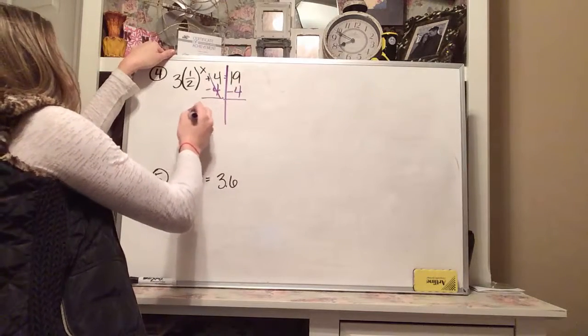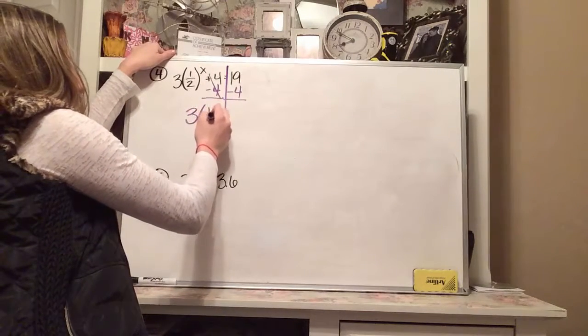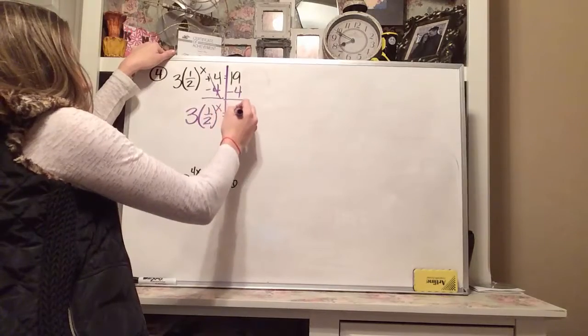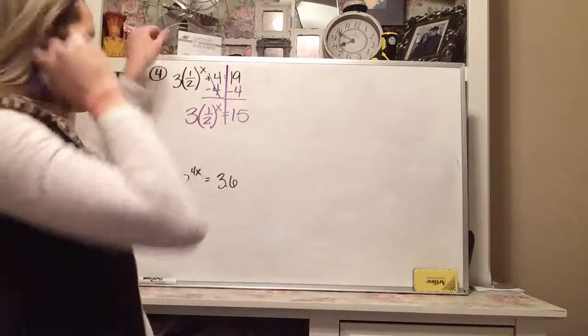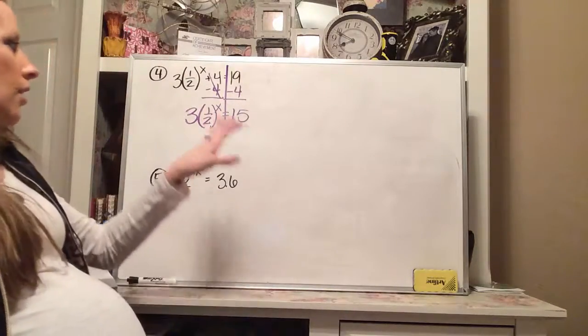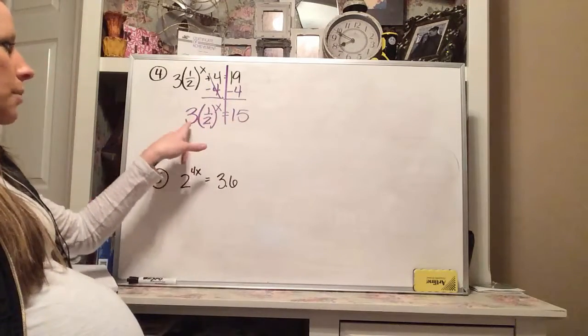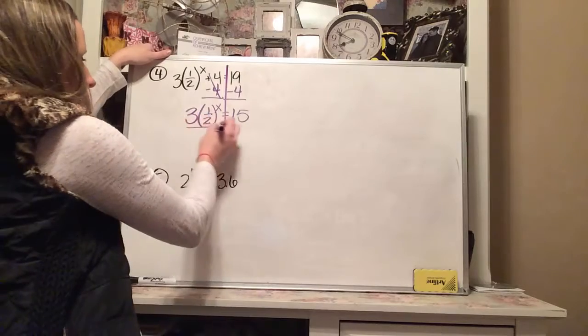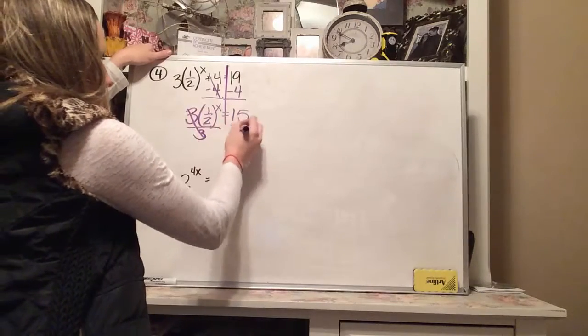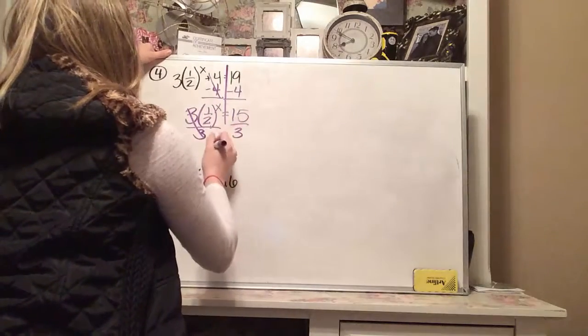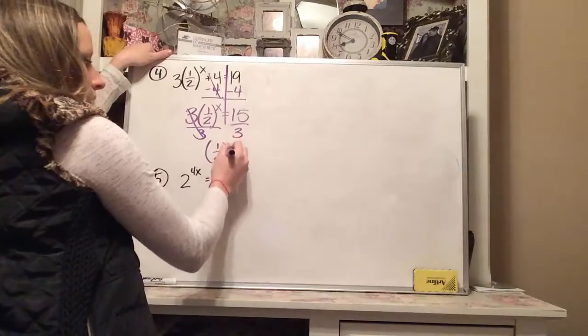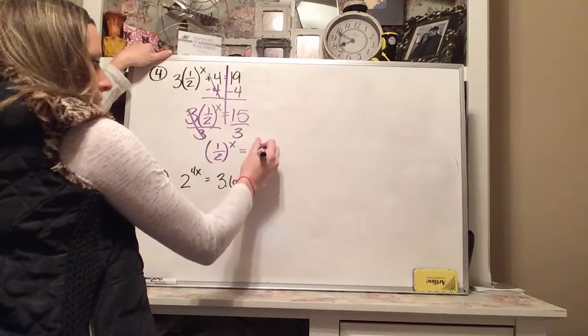So I get 3 times 1/2 to the x power equals 15. Okay, now I need that 1/2 to the x power by itself. So the opposite of multiplying by 3 is dividing by 3. So I have 1/2 to the x power equals 5.